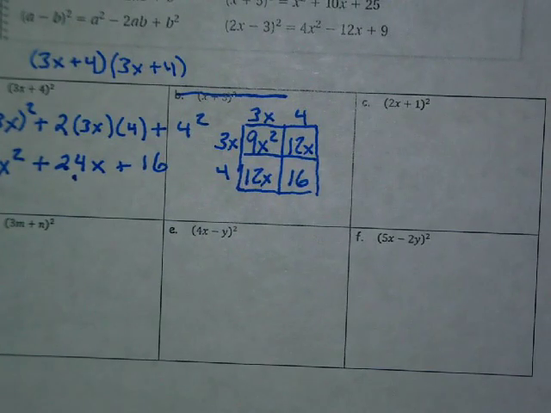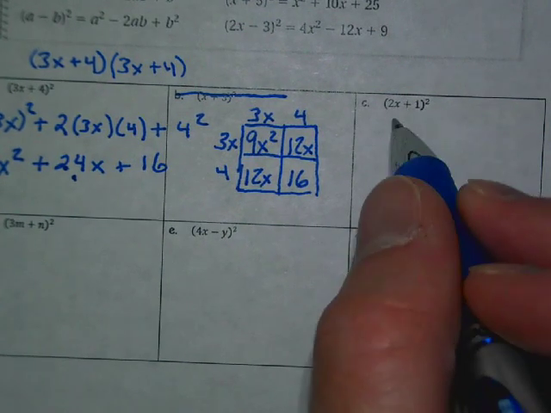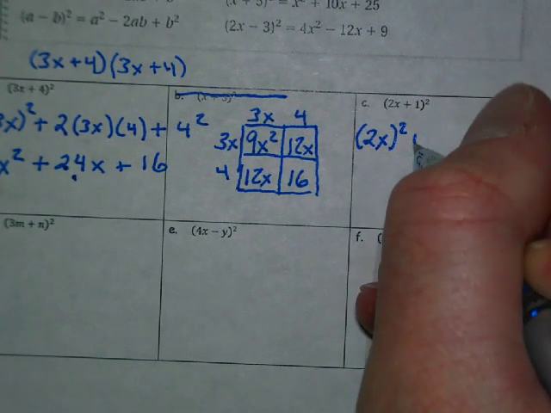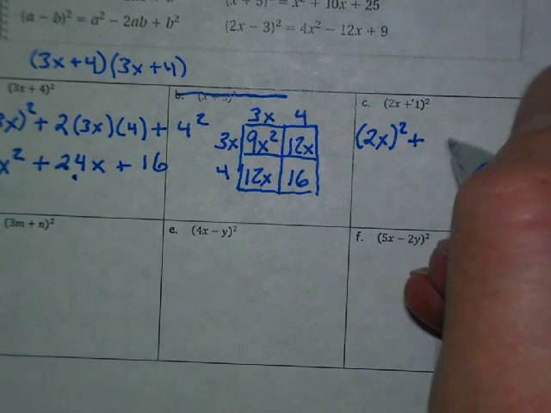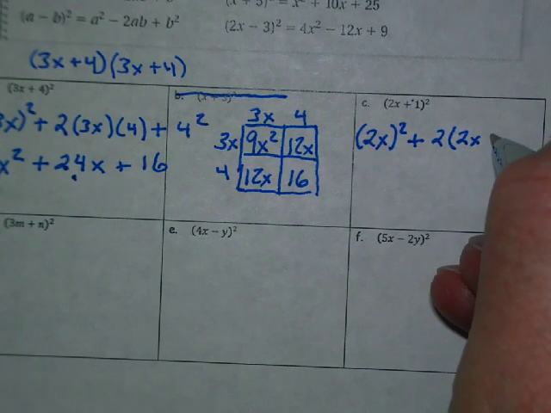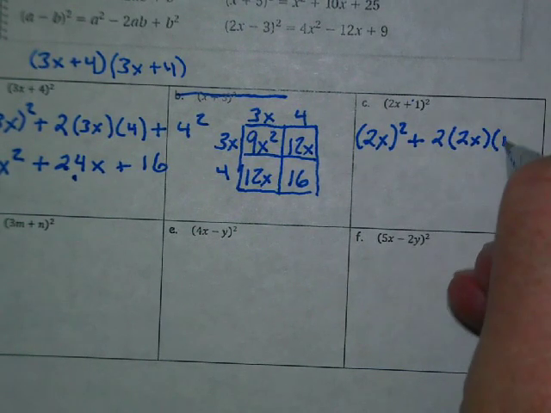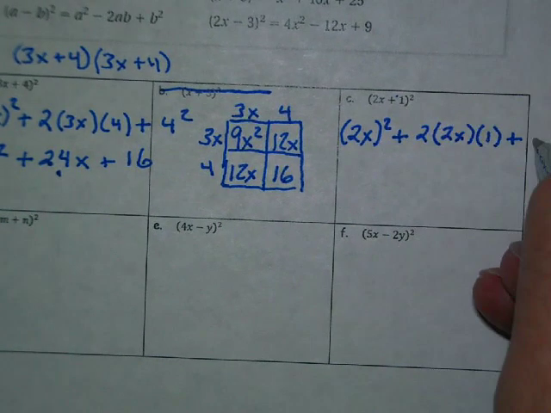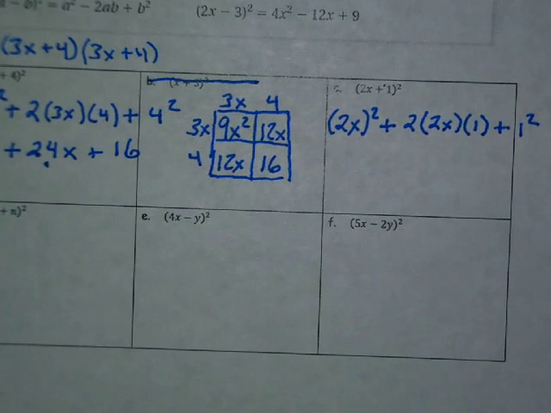Alright, let's look at C. We'll do it both ways again, just so you can see it both ways. So first term squared, plus, because it's a plus sign, 2 times the first term, so times 2x, times the second term, which is 1. Then plus the second term squared, so plus 1 squared.